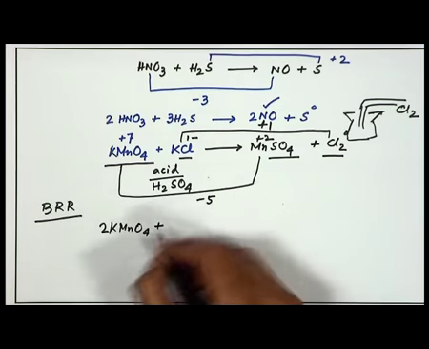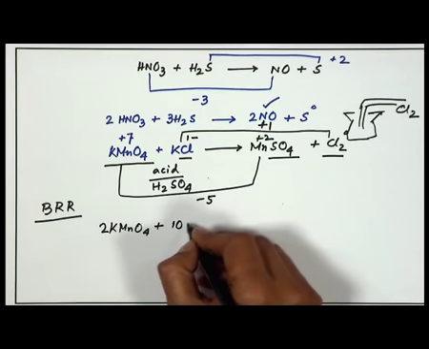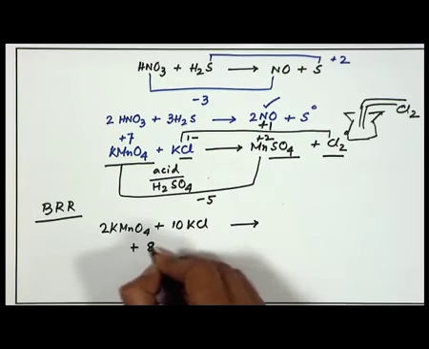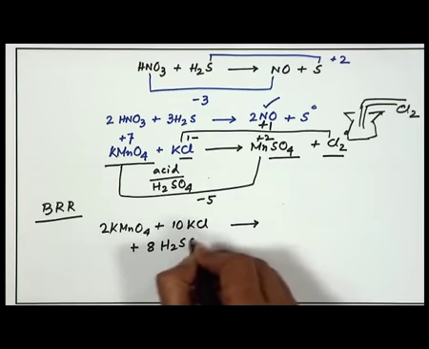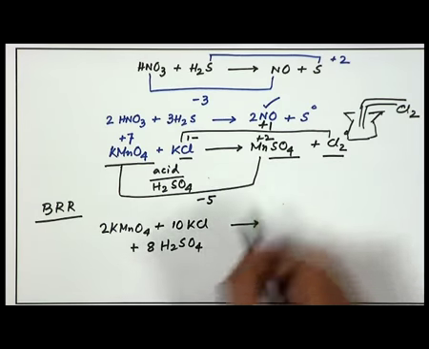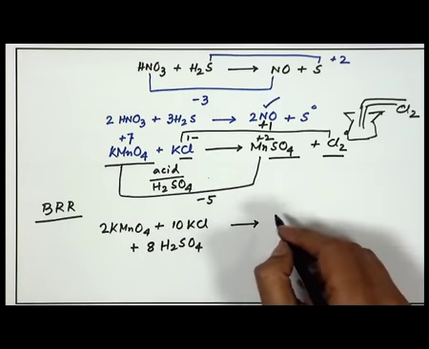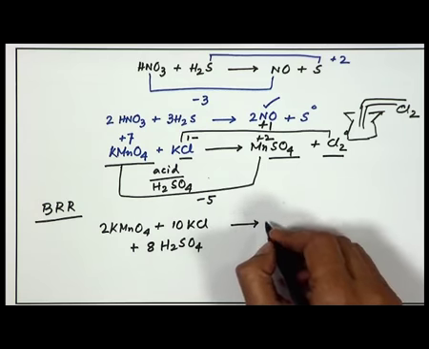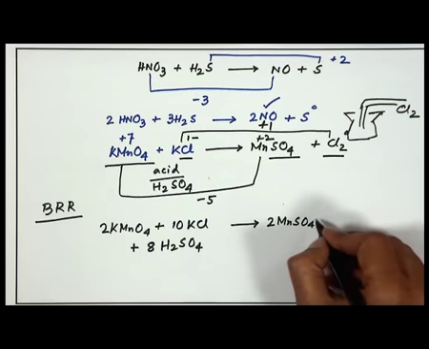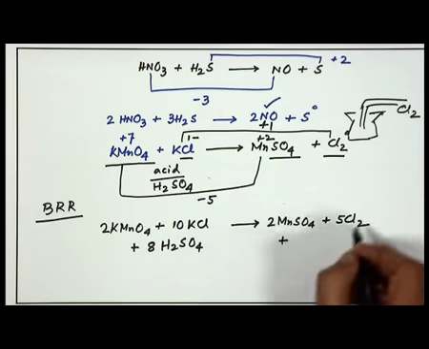So, it will be twice KMnO4 instead of one KMnO4, because we take 5 into 2, that is 10, of KCl in presence of 8 molecules of sulfuric acid, which is typically balanced by balancing the protons and the sulfate anion in the different steps. This forms the corresponding MnSO4 along with 5 times chlorine.